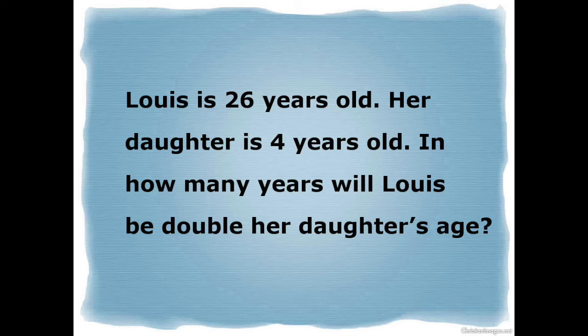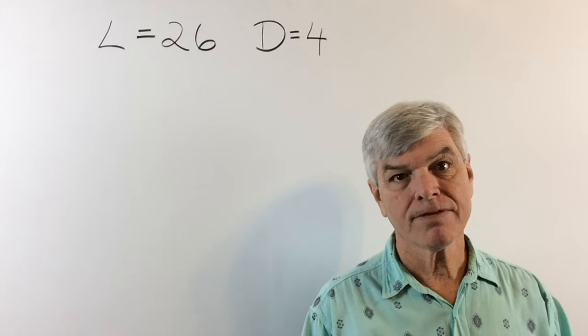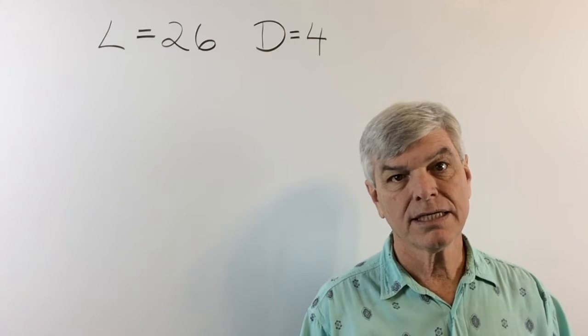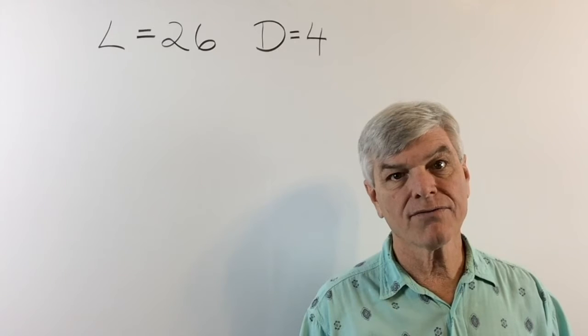So the future is going to be our variable. So you can use f for future. I like to use time. And here we have our first 2 formulas. Louise is 26. Daughter is 4 years old. And let's build the other formula.